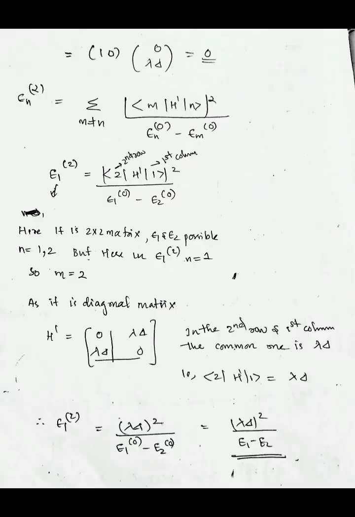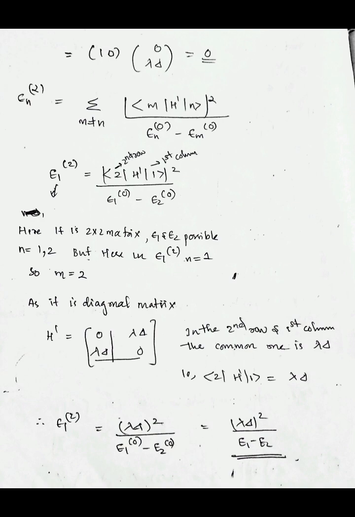We know E1¹ is equal to <1|H'|1>. So the first one denotes the row vector and the second one denotes the column vector. So this is equal to (1 0) [0 δλ; δλ 0] (1, 0)ᵀ, and this is equal to 0.